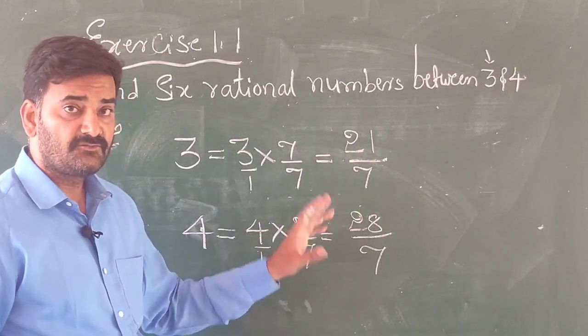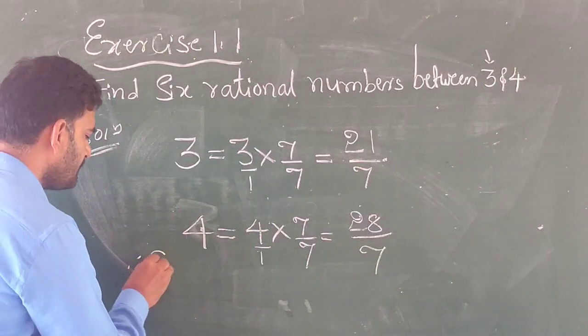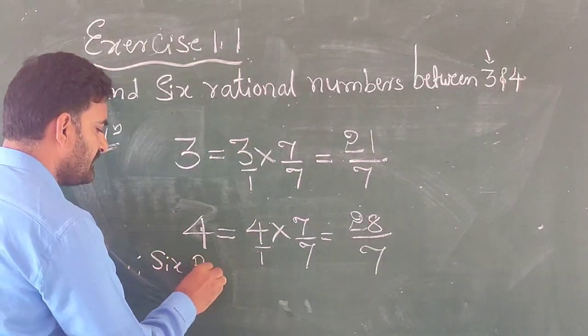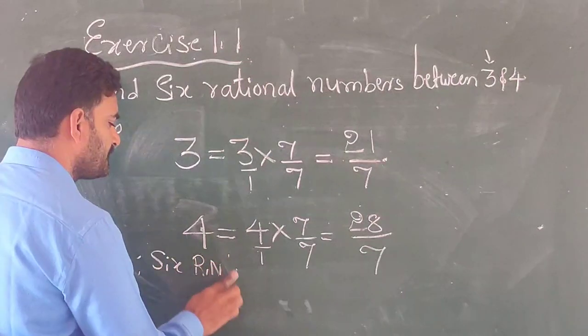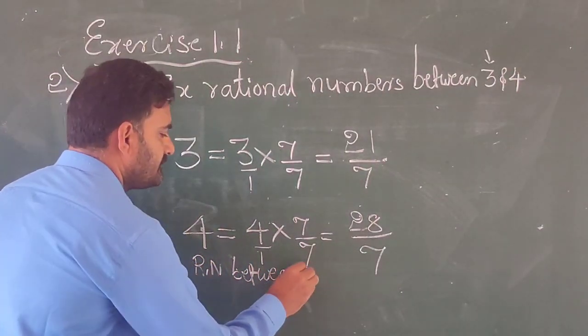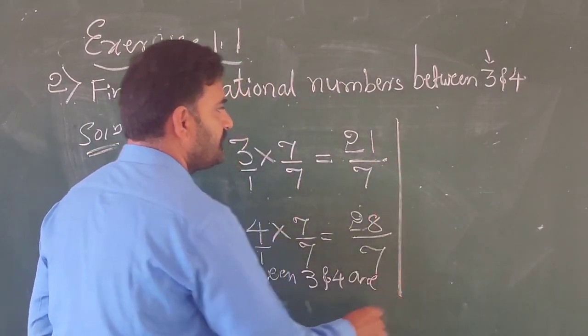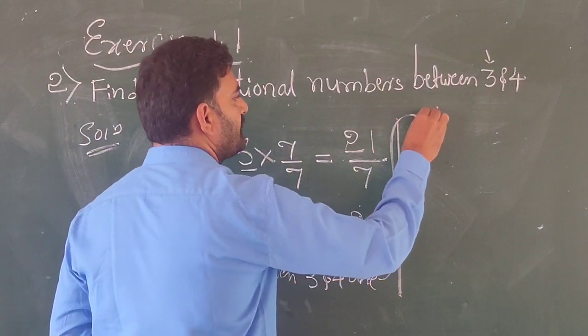Between these two, we are getting exactly 6 numbers. So therefore, 6 rational numbers between 3 and 4 are, I am going to write here.